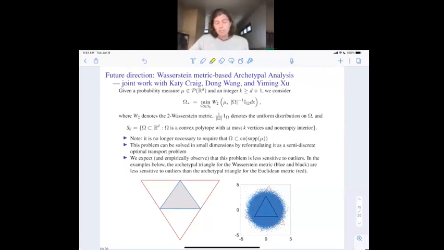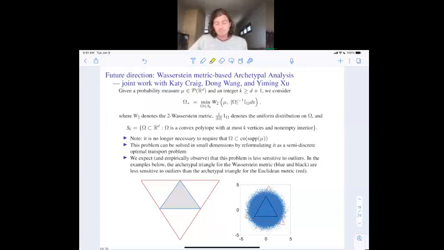We're still trying to approximate mu by a convex polytope, but here we consider the uniform distribution on the set of convex polytopes, and find the convex polytope that minimizes the Wasserstein 2 distance between mu and the uniform distribution on a polytope.